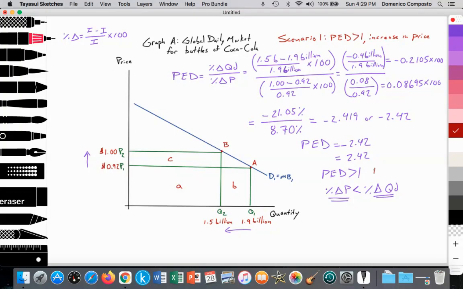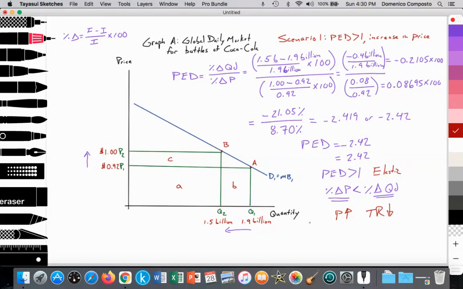So here we can see that it's an elastic demand curve. And when we raise price along an elastic demand curve, we should expect the total revenue to fall. All of these consumers are switching to the cheaper alternative of Pepsi.